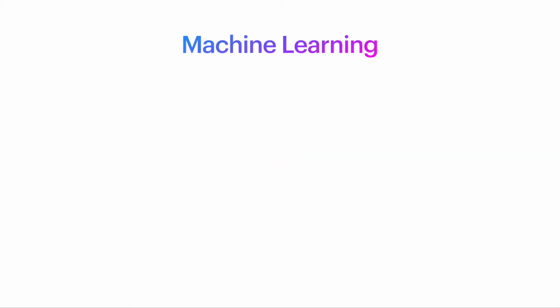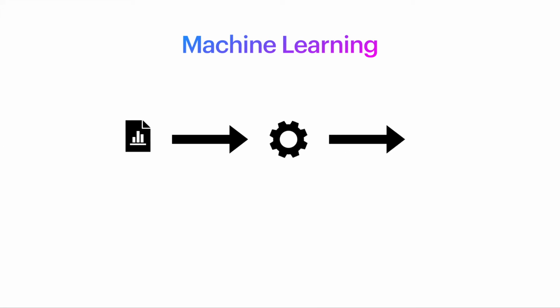So what is machine learning? Very simply, you take the data that you have for a problem and plug it into some kind of machine. That machine does some processing, the cogs turn, and you get an output. That output is used to solve some kind of real-world problem.